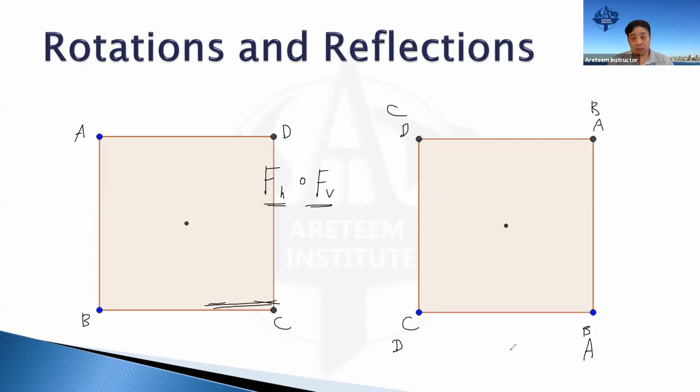I didn't put the diagonal, I just put these two, horizontal and vertical. So these two combined, it's back to counterclockwise, and compared with the original case, it's actually rotated 180 degrees. So it is equal to R2.